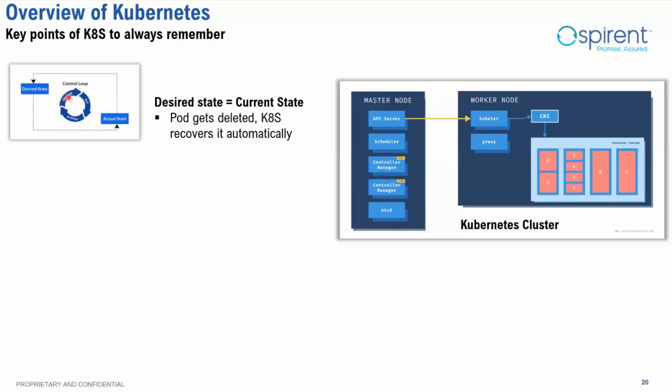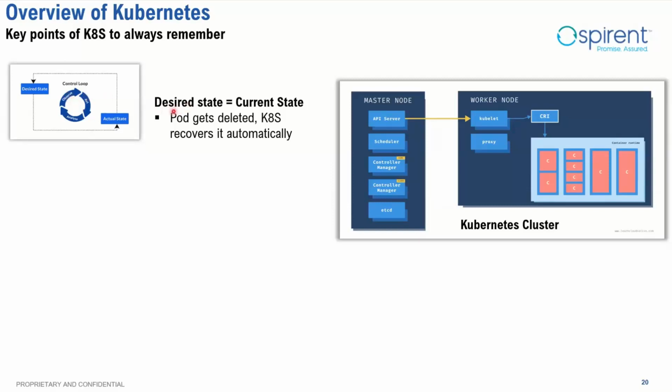It observes this particular application: do I have 2 container applications? If one fails, the other one will take over. So that is for resiliency.